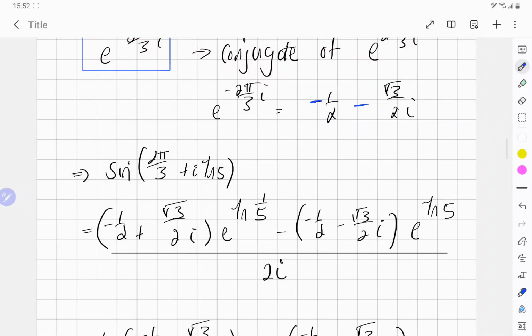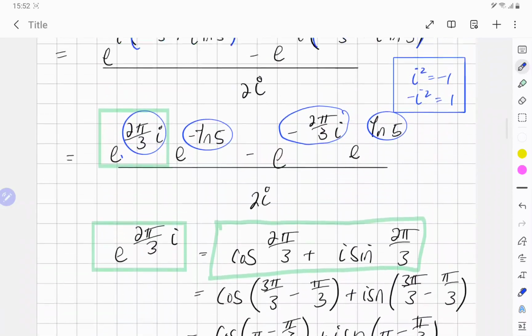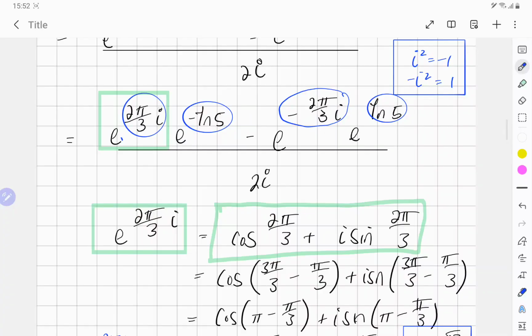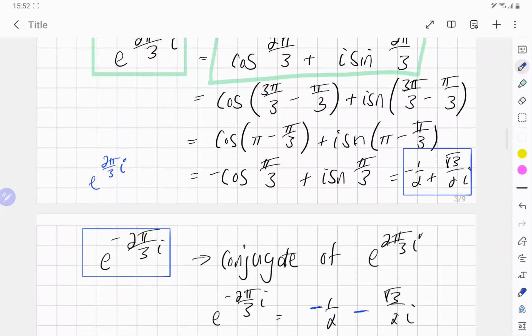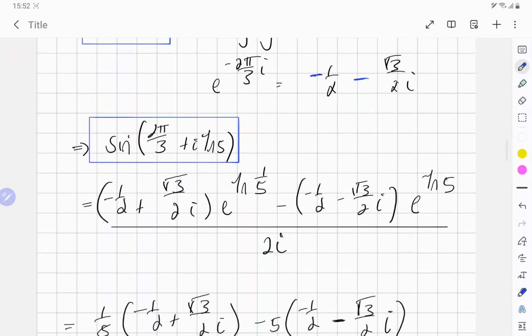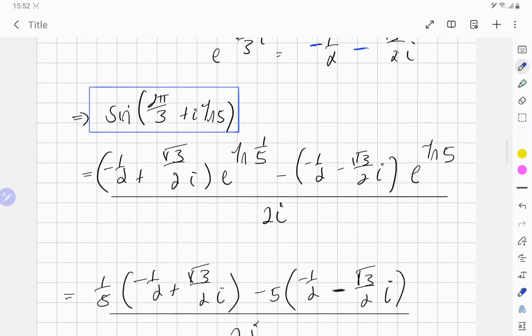Now we're going to simplify our question. So just recall that we did evaluate e to the 2 pi over 3 i as minus half plus root 3 over 2 i. So we substitute that in here and we substitute the conjugate in here.